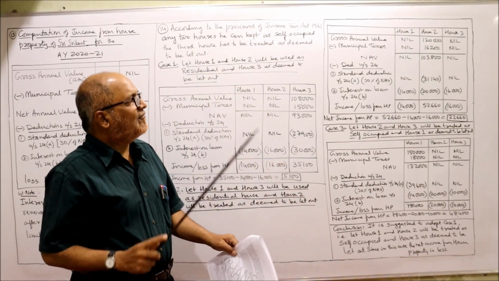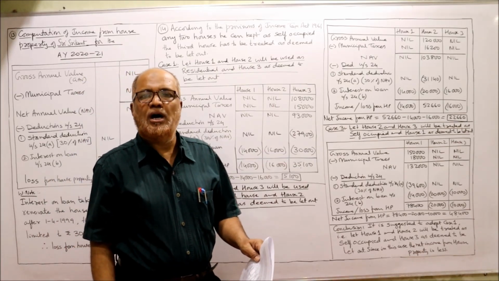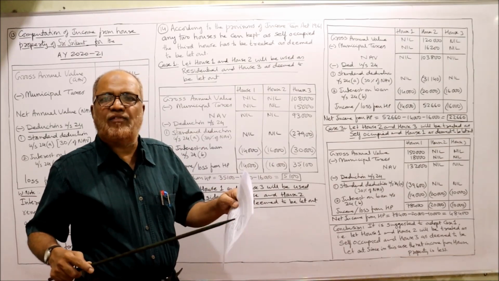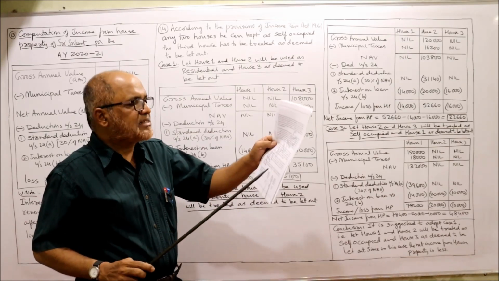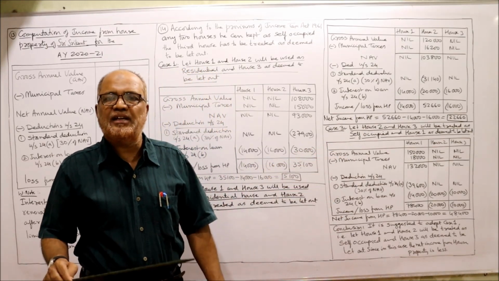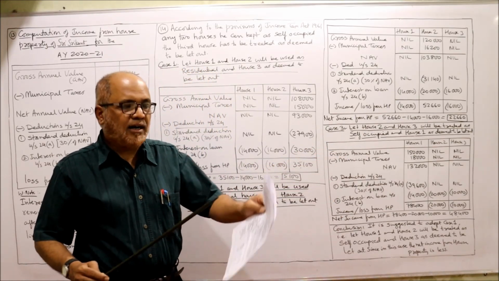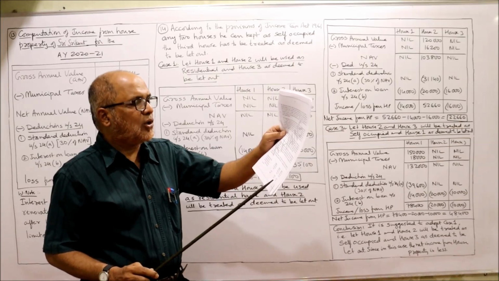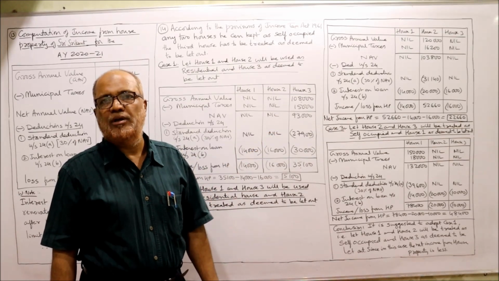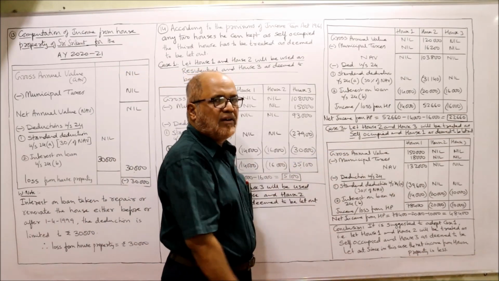Now you see, first house and third house are self-occupied houses. The total deduction under self-occupied house is 30,000. First house we have given the deduction 14,000. Third house, the interest on loan is 30,000, but we can't give 30,000 deduction because already 14,000 we have given.